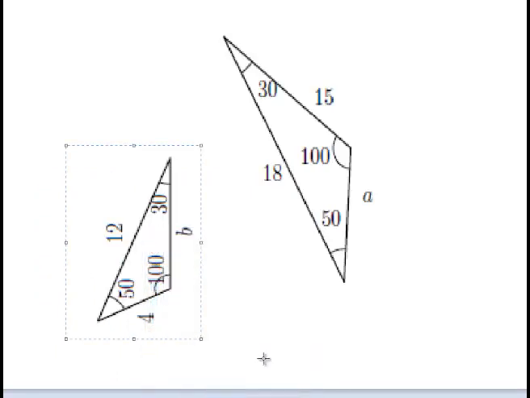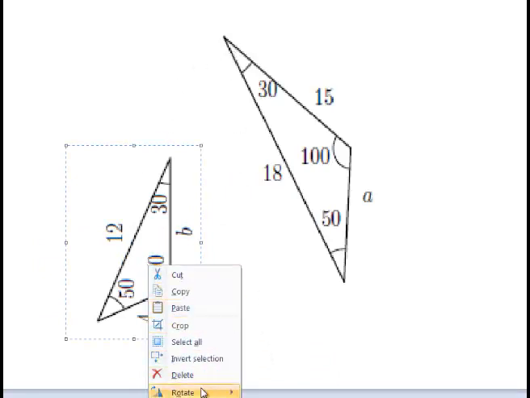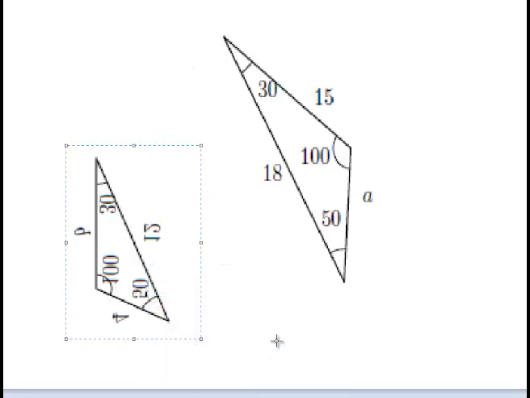Rotate right 90. Okay, well, it's the opposite. Is there any way we can flip it over here? Flip horizontal. Yeah, I guess this is kind of comparable to there. Anyway, I'm just trying to flip it to make it look like this one. I'm not doing a very good job. But anyway, you see the point.